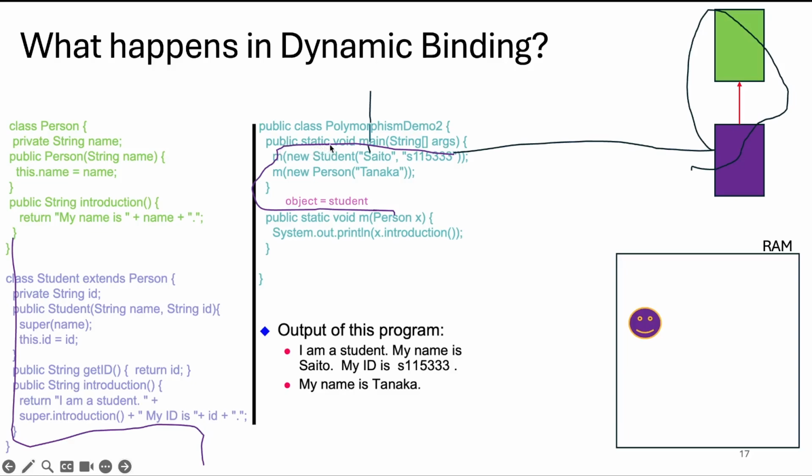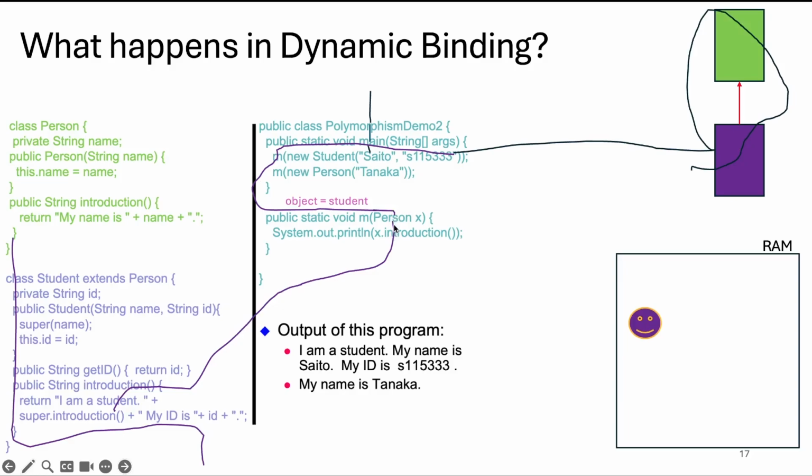Once this step is done, the compiler, I am using violet color, enters into the function m. Now the object that is within this method is student. So we are taking the object student and we are coming here to Person. Since Person is a superclass of Student, at the runtime, Java allows it to enter into this m function without any problem.